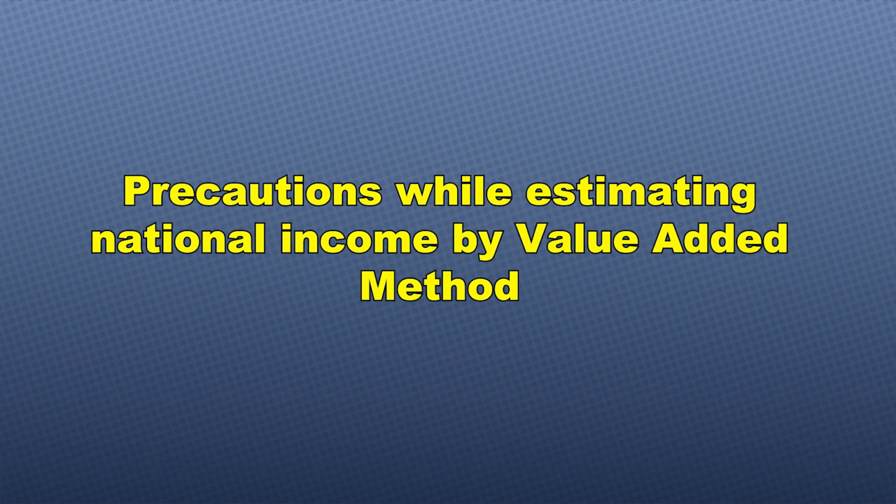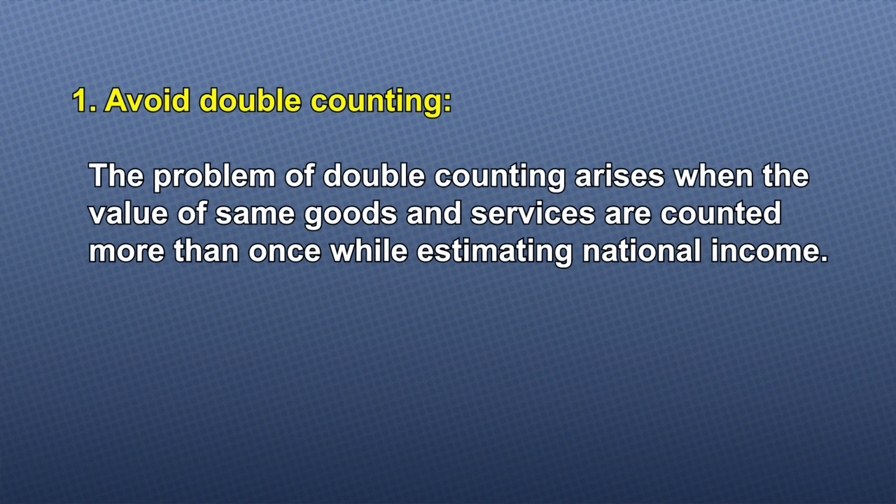Precautions. Students, we have to keep in mind some precautions while estimating national income by the value added method. These are: avoid double counting. The problem of double counting arises when the value of the same goods and services is counted more than once while estimating national income.